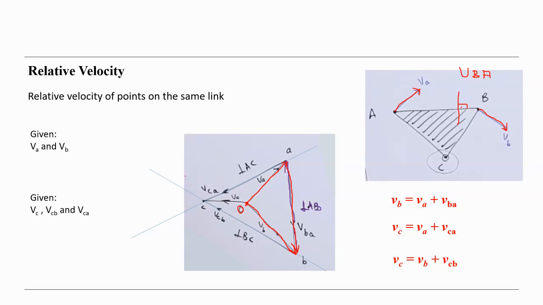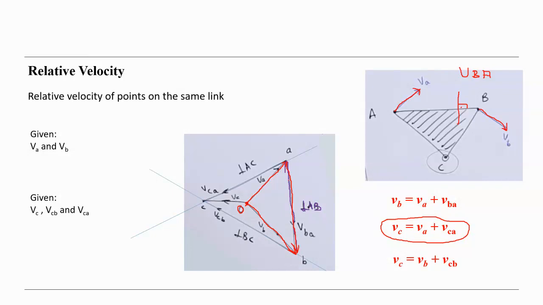So now we are looking for the VCB and VC. For that, if we come to the point C, here, what is given for the point C? Let's use these equations here. We are interested in calculating the linear velocity of the point C. VC is equal to VE.